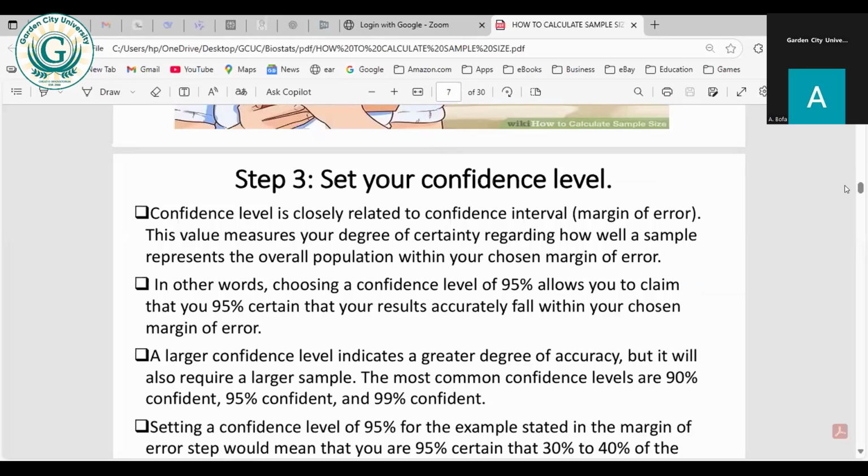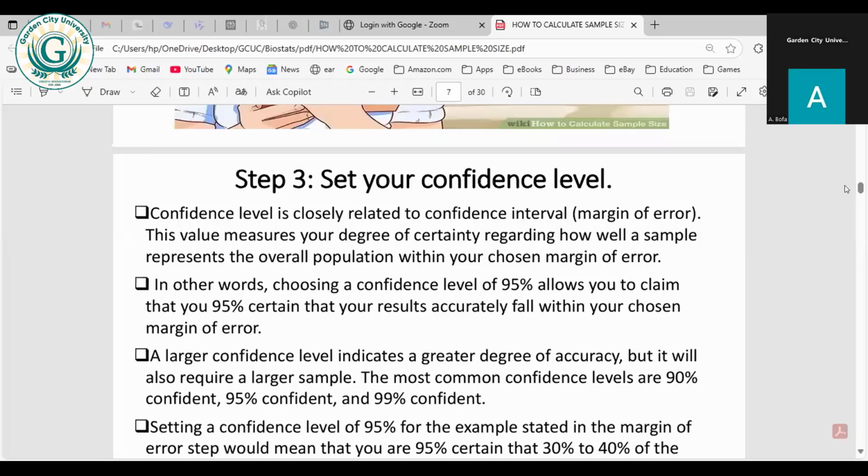If you are calculating the sample size, you, the researcher, will choose the confidence level on your own. You are assigning a value to how confident you are that whatever you are doing is going to be accurate or will be within the margin of error that you are estimating.